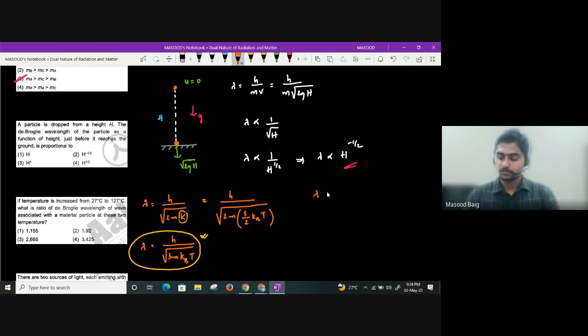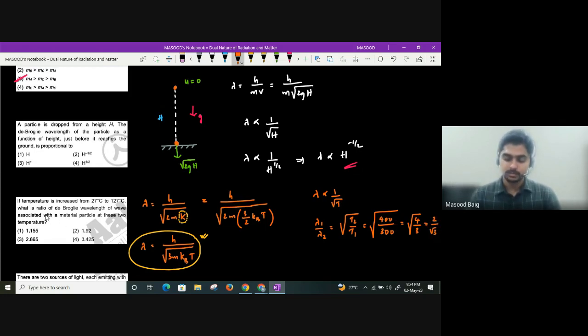So here the wavelength is inversely proportional to square root of temperature. So lambda 1 to lambda 2 will be root over T2 divided by T1. Temperature should be taken in Kelvin. Initially it is 27, meaning 300 Kelvin, and 127 means 400. So what will I get here? 400 divided by 300, which is root over 4 by 3, which is 2 divided by root 3.